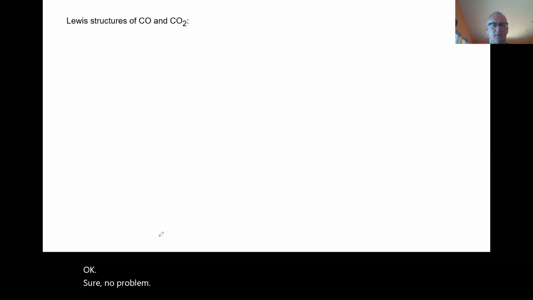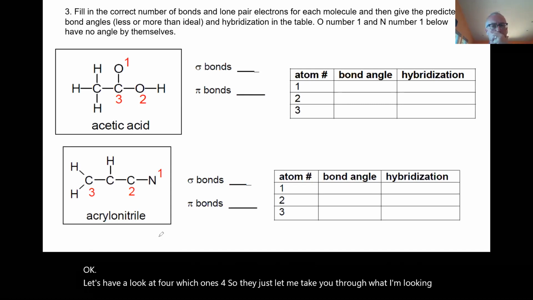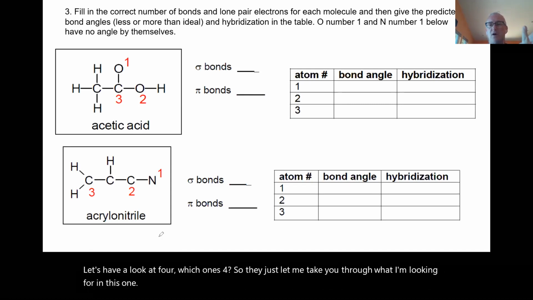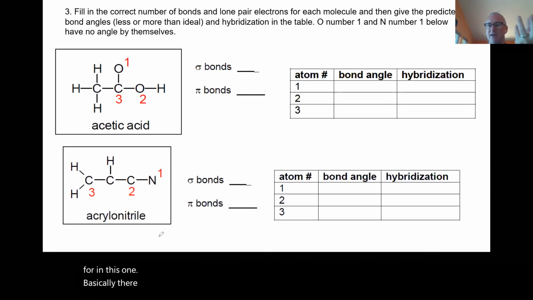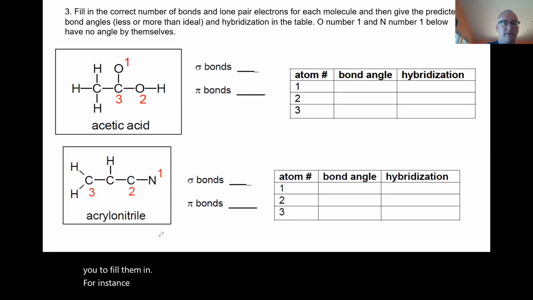Can we do question 4? Let's have a look at 4. Which one's 4? Oh, so let me take you through what I'm looking for in this one. Basically, there are atoms in here that don't have enough either electrons or bonds. So I just want you to fill them in. For instance, this carbon has only 3 bonds, and we know it should have 4.